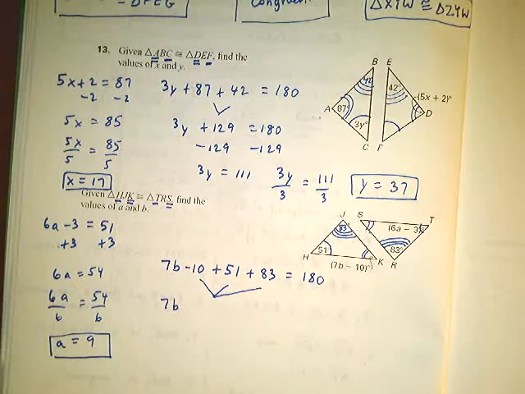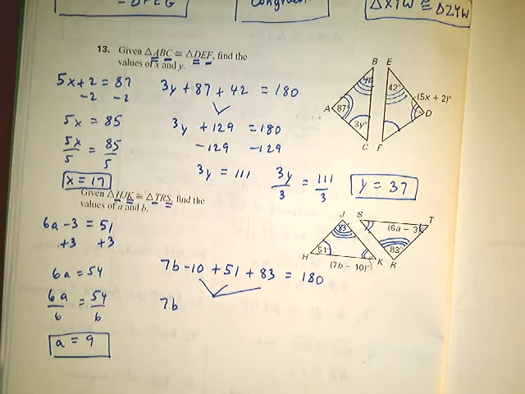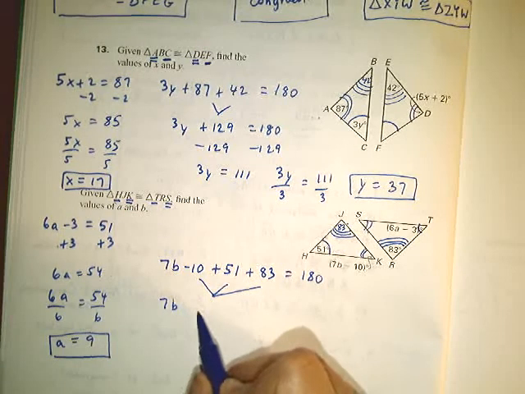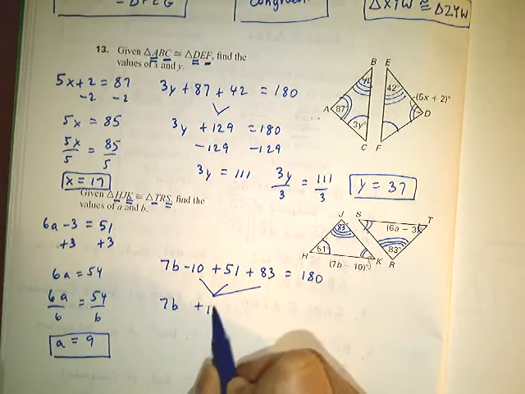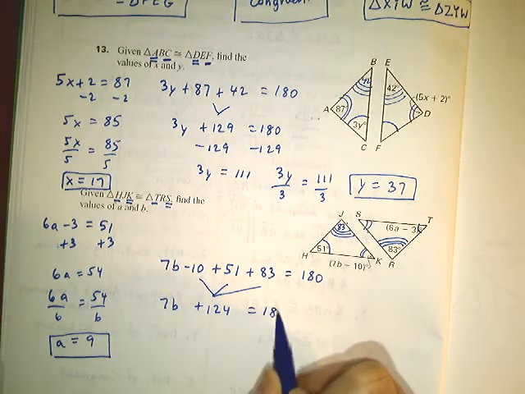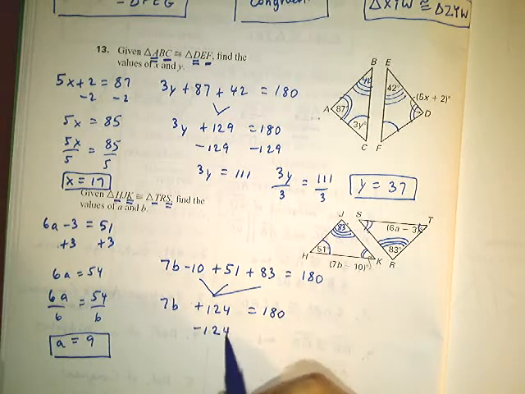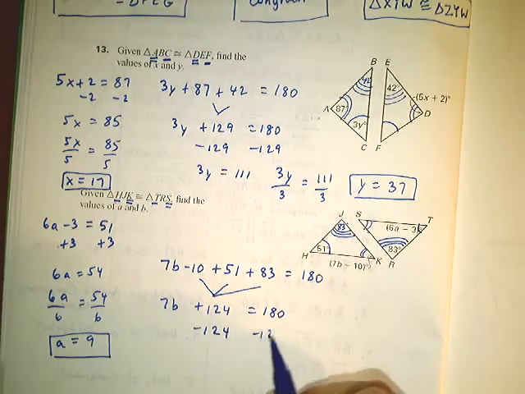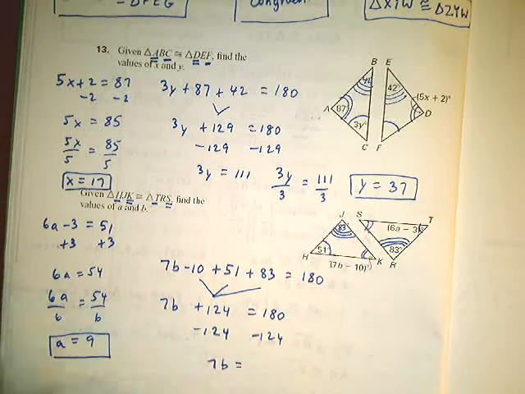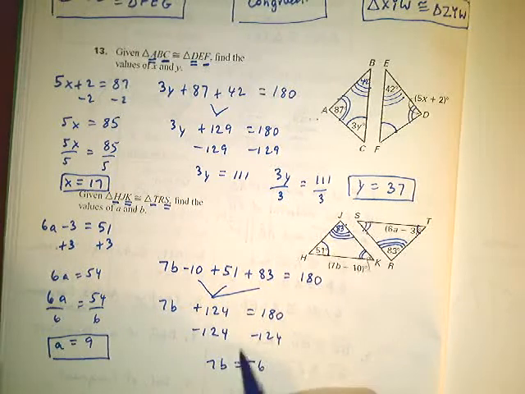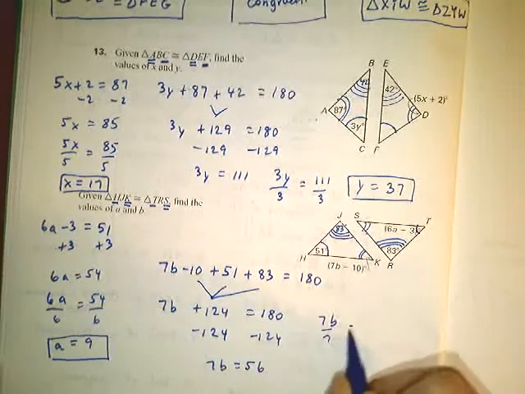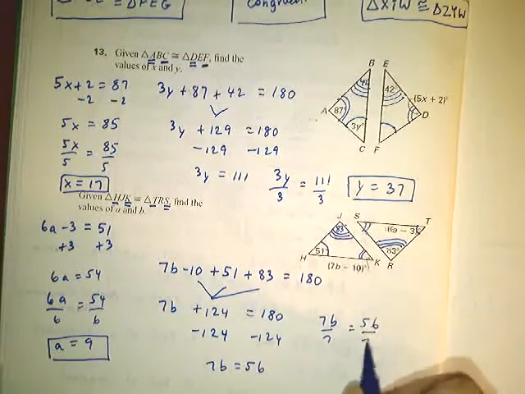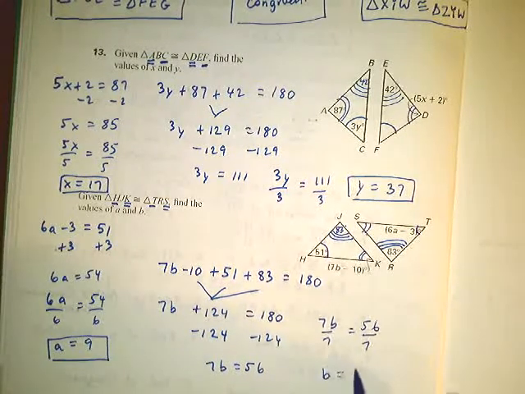So if I add 83 and 51, and negative 10, I get positive 124. So I can find my value of B by simply solving this equation out, and b equals 8.